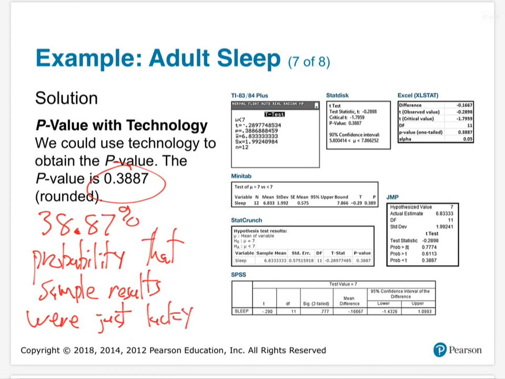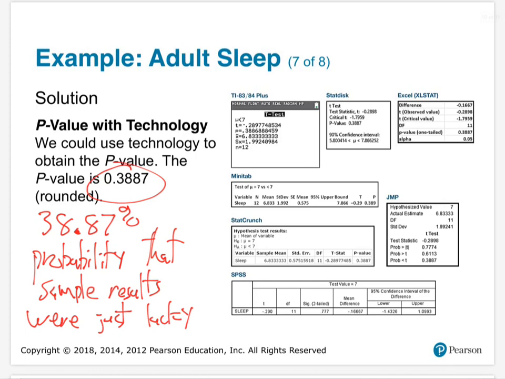That they just came out, whatever they came out, high, low, whatever, and that it was just lucky. That you just happened to get a few adults that were longer sleepers or shorter sleepers or whatever. Something kind of weird happened that it wasn't really representative of the truth. Does that make sense? It was just kind of lucky results. That's what p-value means. Probability of luck.